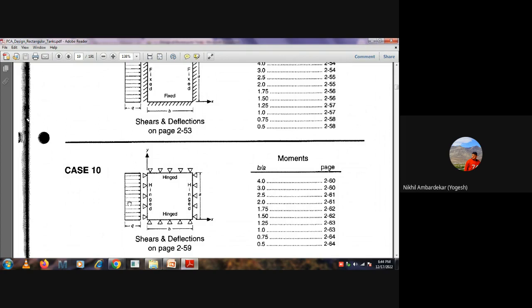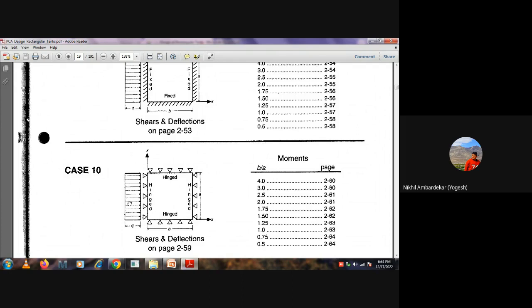So how are we doing it? The wall is fixed at the bottom. Okay, it means you are providing your reinforcement, and the wall reinforcement needs to be developed into the base slab. So the moment in the wall will be transferred to the base slab.